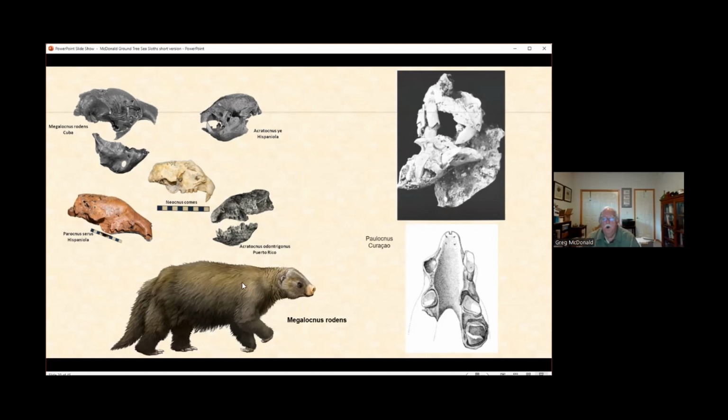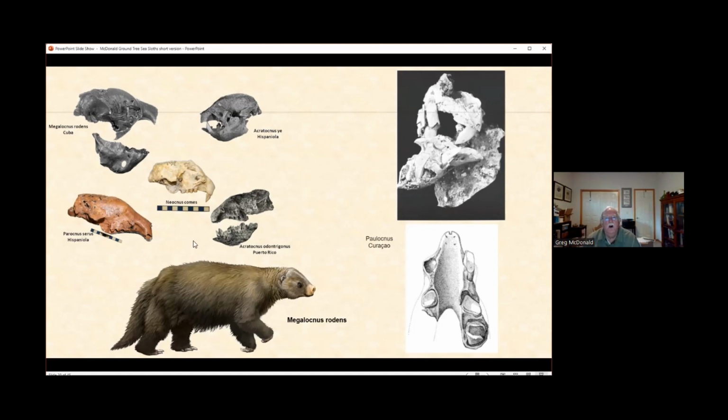And if you go into the Caribbean islands, sloths are once again the megafauna. They are the largest herbivores that you find in the late Pleistocene, but Megalocnus was still only the size of a North American black bear.